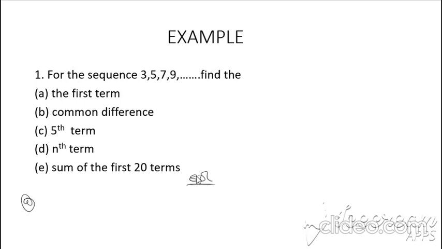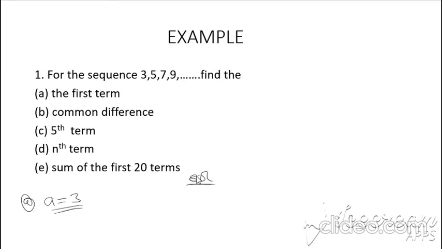The second term is 5. The third term is 7. And the fourth term is 9. The fifth term we don't have. So our first term is represented by A, which is 3, the one at the front, the starting term.